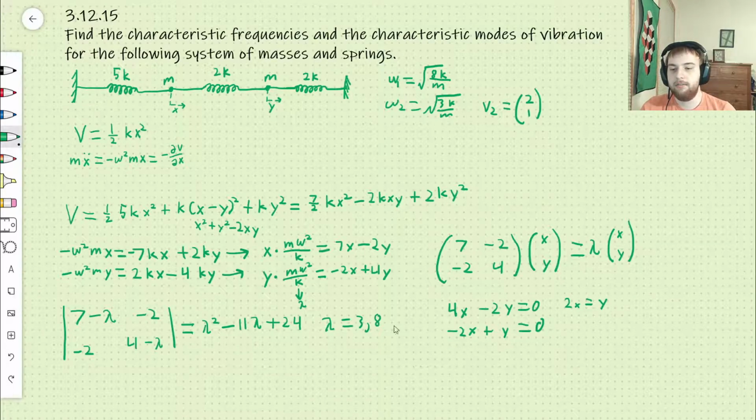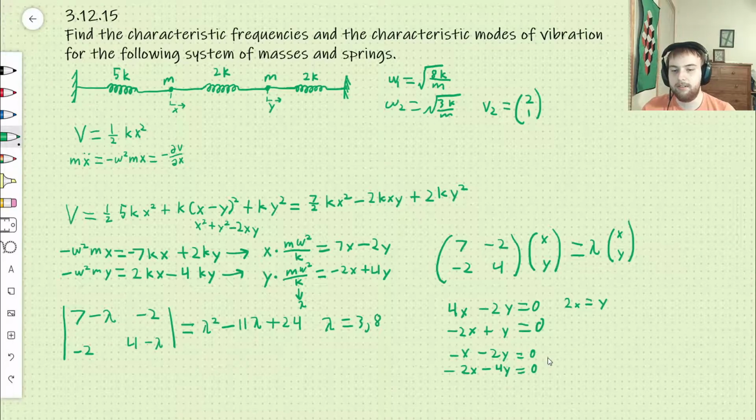And then with our other eigenvalue, we can find our other eigenvector. So 7 minus 8 is -1. Then our -2y stays the same here. Our -2x stays the same. Then we have 4 minus 8, which is -4. Once again, these equations are the same, essentially.